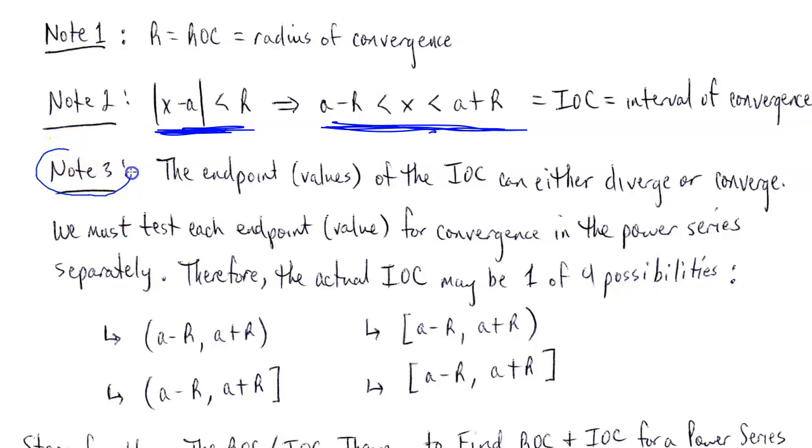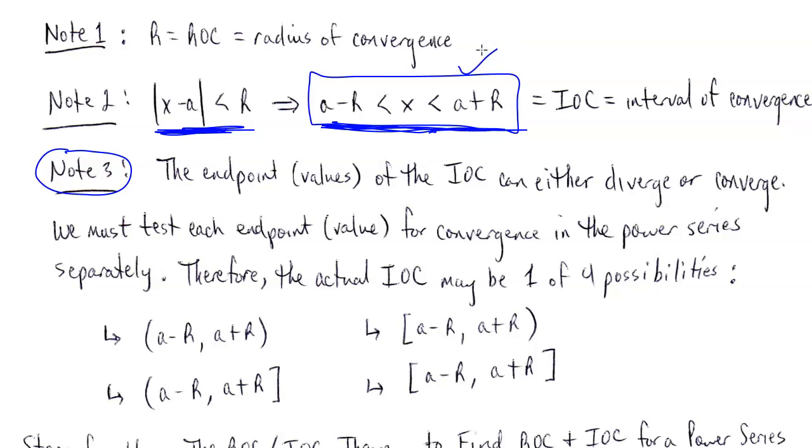Now, note number 3 is something that we haven't talked about yet, but is important, okay? By default, we assume that our interval of convergence whenever we deal with a power series is going to be something like this, especially if we have a case 3 situation.